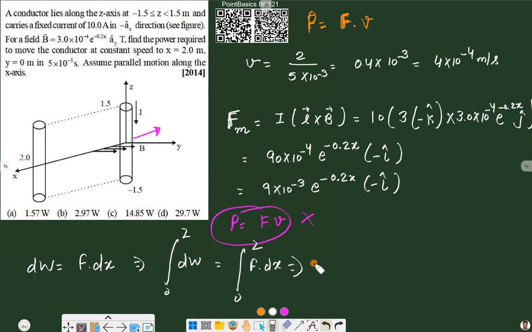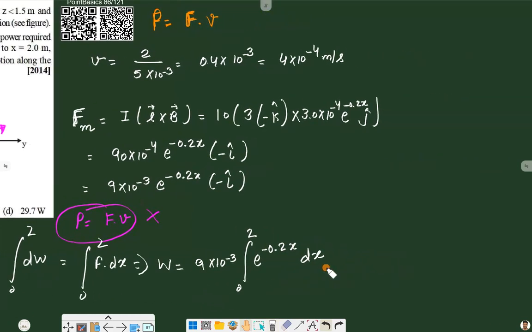This will give us W, the total work done. Integrating this side, now we will remove the direction because its part is done. So we will have 9 into 10 raised to power minus 3 integral with limits 0 to 2 of e raised to power minus 0.2x dx. This will be the integral.